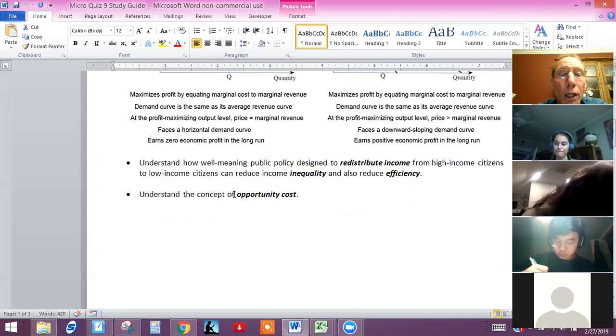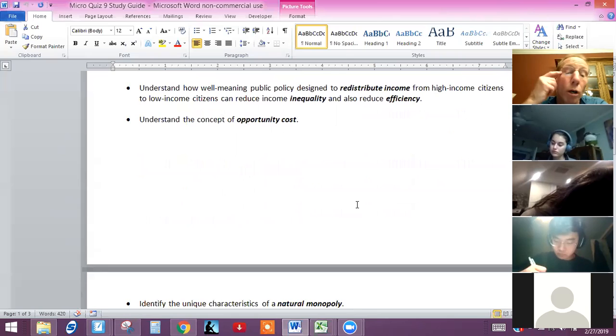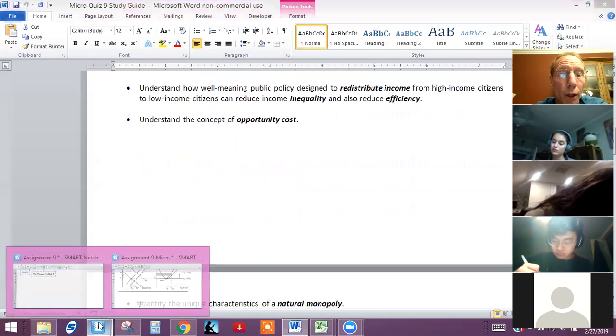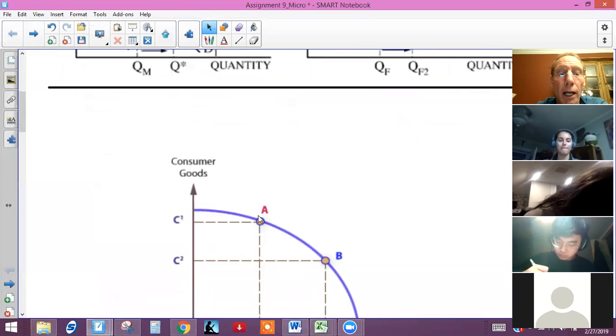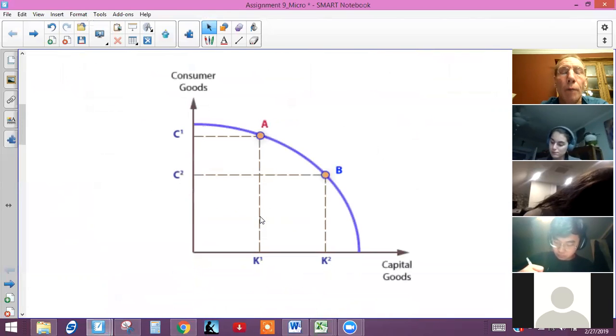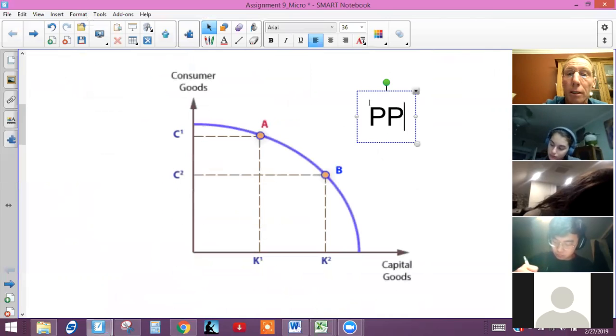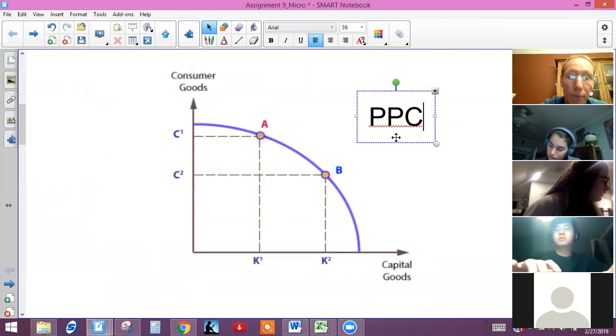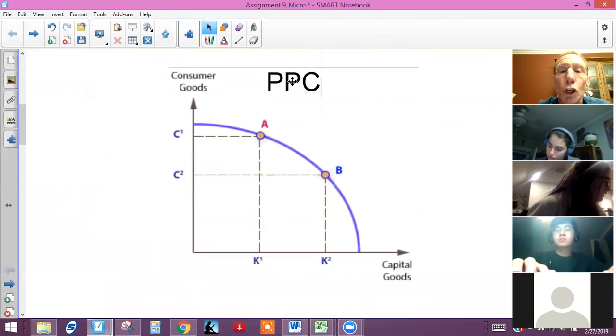This is review. I just want you to review and make sure that you really understand the concept of opportunity cost, and I'll let you review that on your own. However, I do want to show you real quick, I've got it right here, just so we can review it, a production possibilities curve. This is a PPC, production possibilities curve.